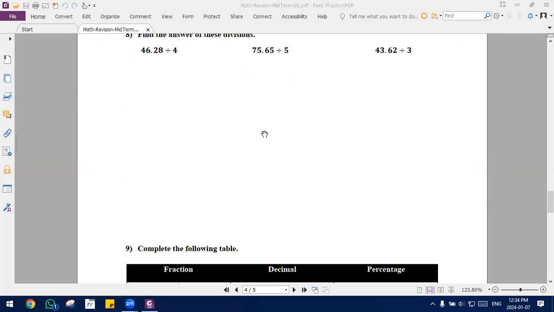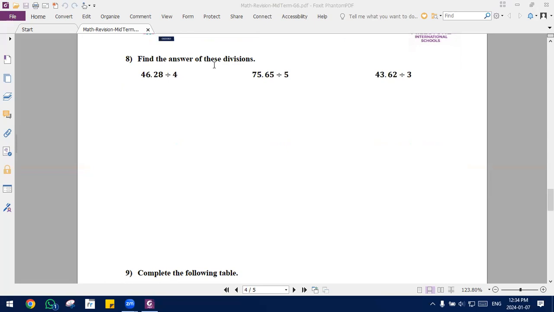Next. Okay, find the answer of these divisions. So here we have division, but the problem is we have a decimal point. Okay, again, exactly the same method. We ignore the decimal point. But here we do the long division. 4,628.